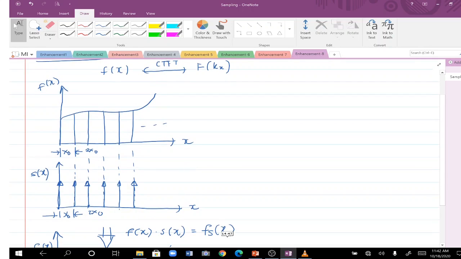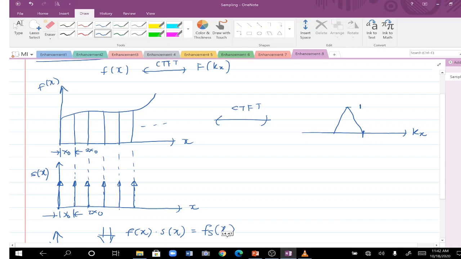Now let's make some more assumptions here. Assume that the function I have is a band limited signal, and I am computing the continuous time Fourier transform of it. That would be, let's say, of this shape. This is your kx value.